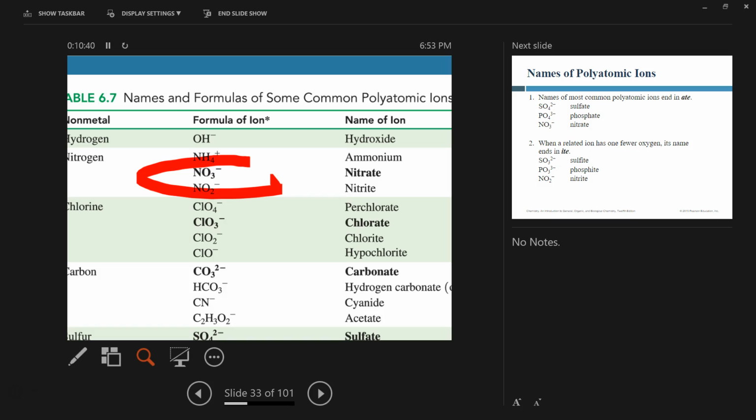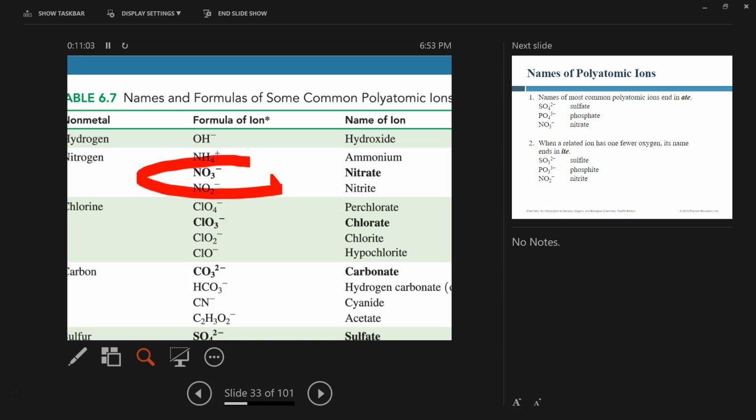Now, if it has the charge of -1, what is the charge on nitrogen then? Charge on oxygen is -2. How many oxygens do we have? 3. What's the total negative charge produced by 3 oxygens? -6. So if the final charge of the particle is -1, what's the charge of nitrogen? +5.